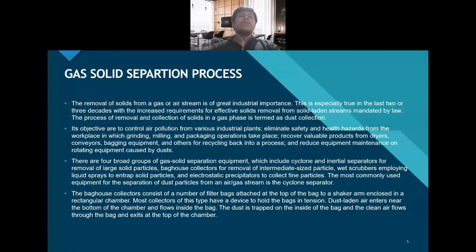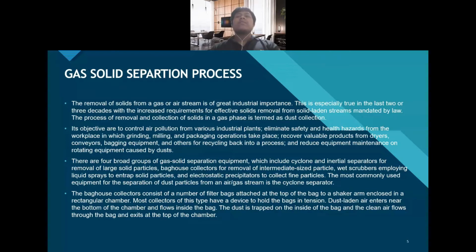The objective of the gas solid separation process is to control air pollution. The first one, to control air pollution from various industry plants. The next one, eliminate safety and health hazards from the workplace in which grinding, milling and packaging operations take place.